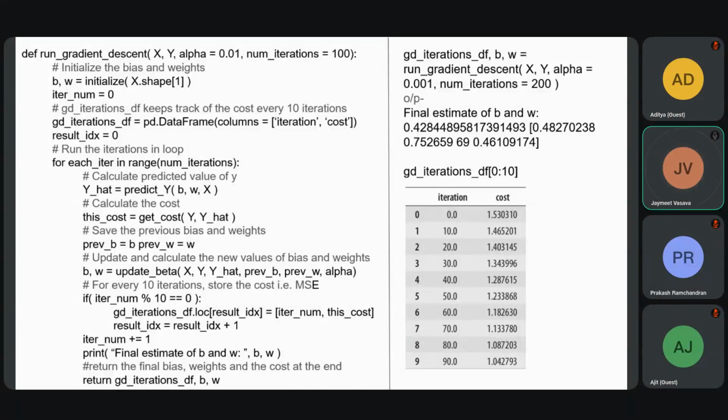And we print the GD iterations data frame that we used to keep track of every 10 iterations. You can see the first 10 iterations starting with 0 through 9.